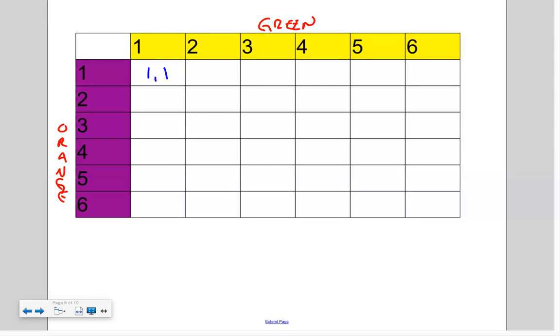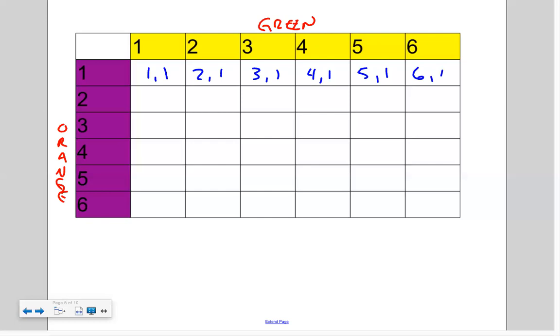Going this way is the first cube, going down is the second one. So 1, 1, 2, 1, 3, 1, 4, 1, 5, 1, 6, 1.